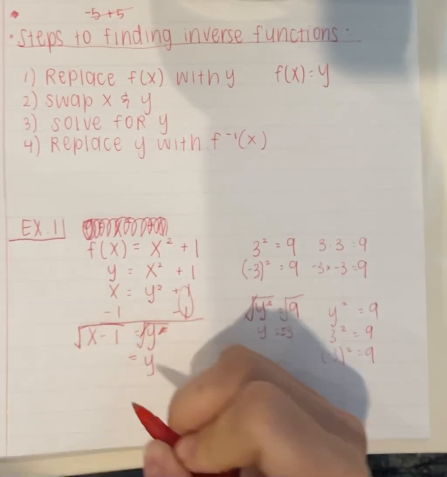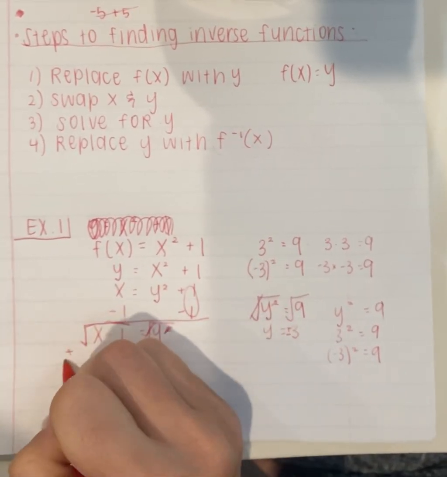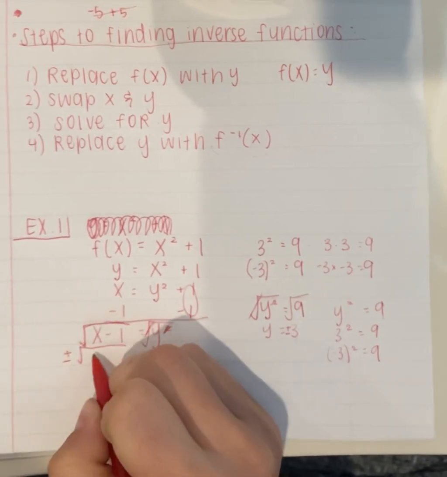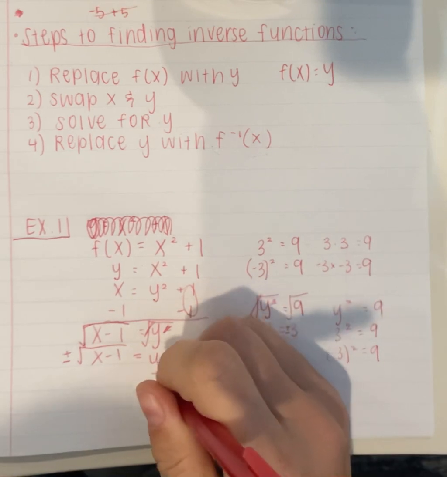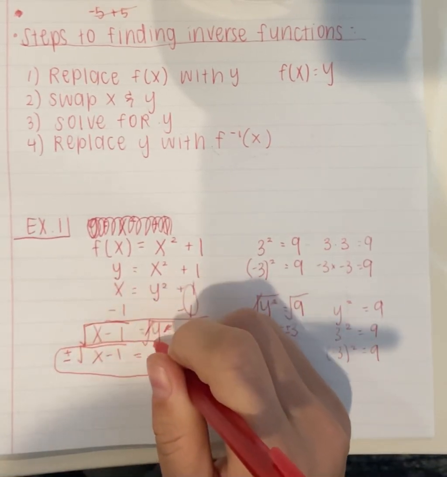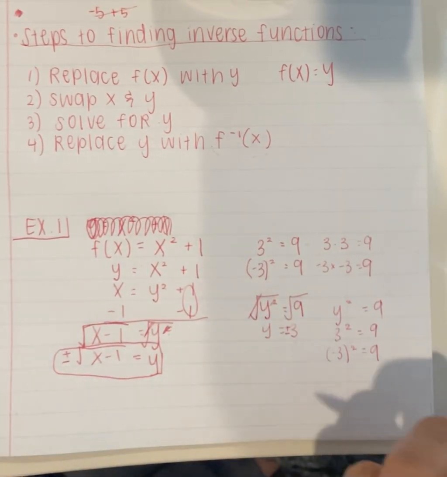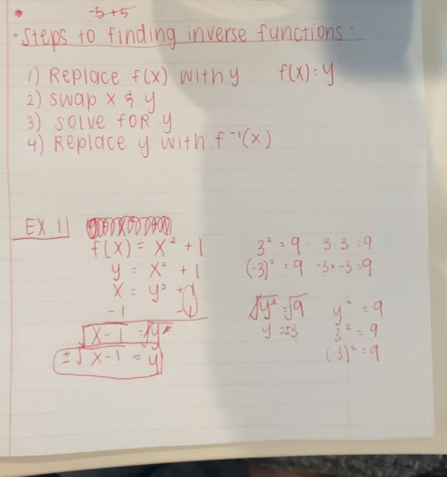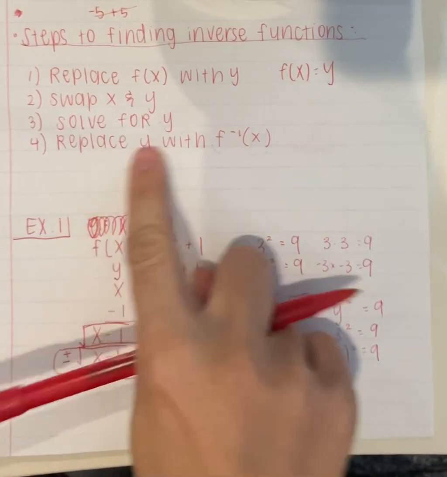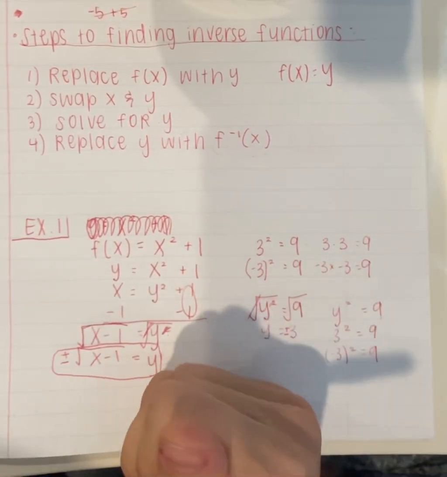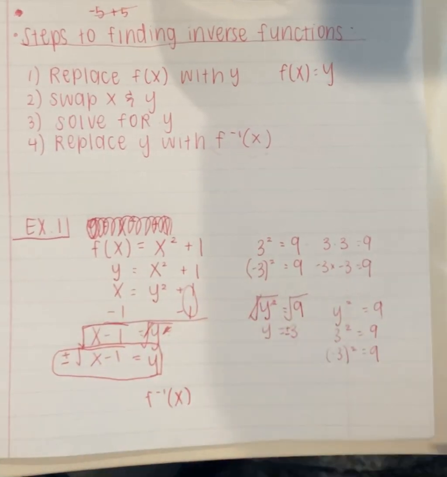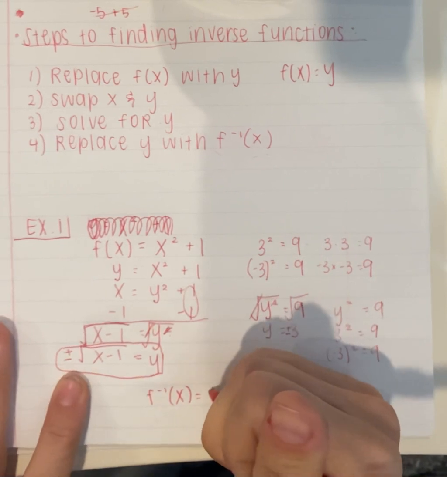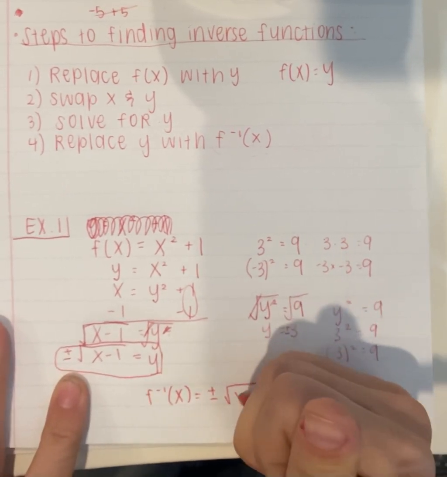Y could either equal a positive or a negative square root of x minus 1. Okay, so you could leave your answer like this, saying it would equal a positive or negative. Or technically we want to do step 4, which is replace it with the inverse, right? f inverse of x equals, I'm going to write it this way, positive or negative square root of x minus 1.